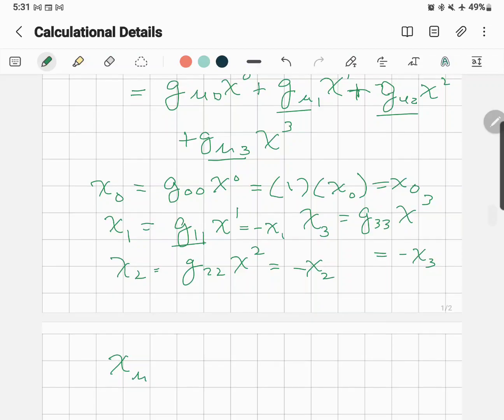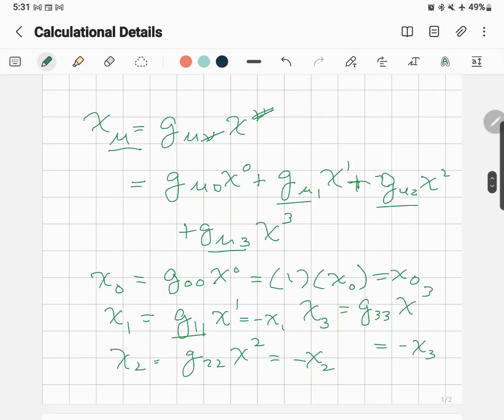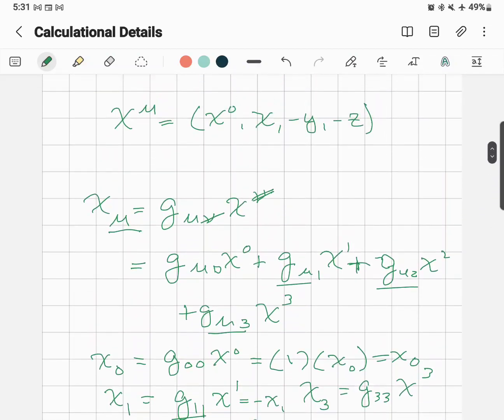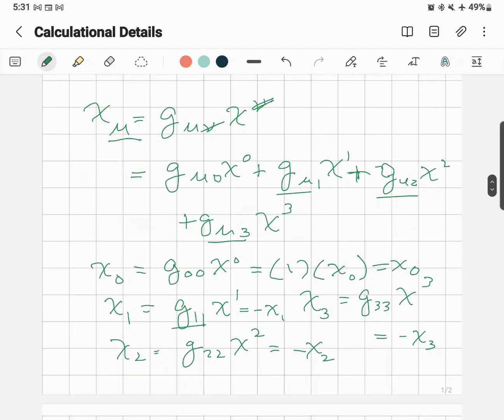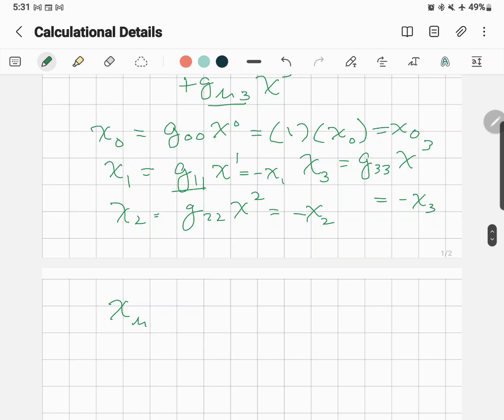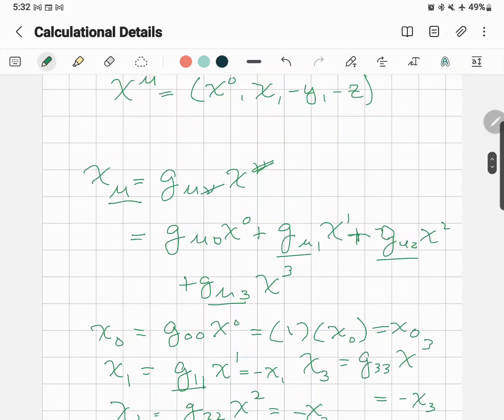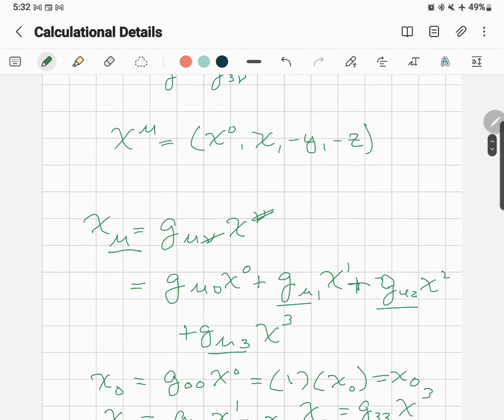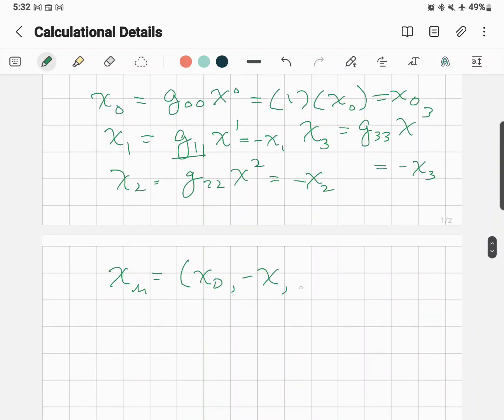But in this case you have x1 equals x, so this is now your x_μ below would be equal to x0, and then you have negative x, opposite sign of here, y and z.